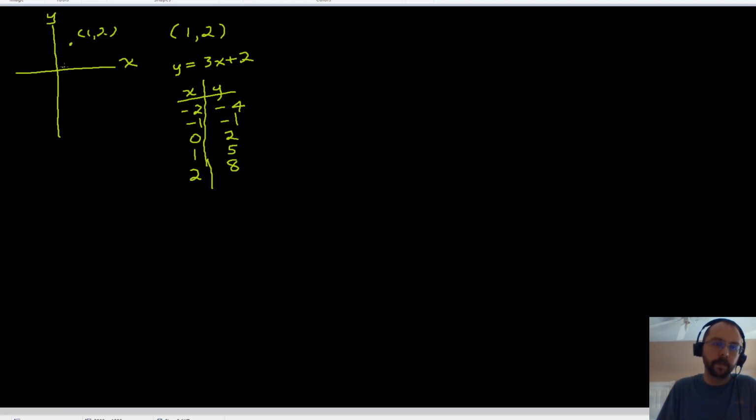So this would be -2, -4, maybe down here, -1, -1, 0, 2, 1, 5, and then 2, 8 would be off my chart. So that would be a line, something like this.